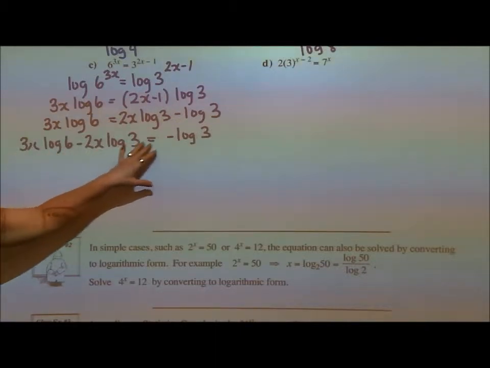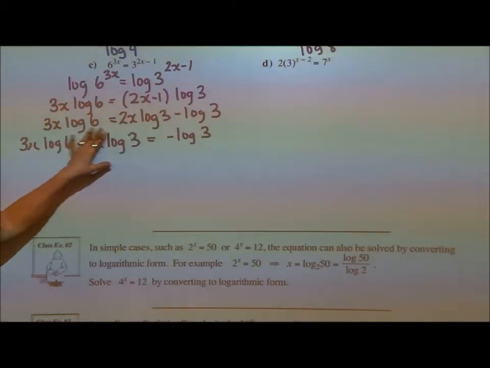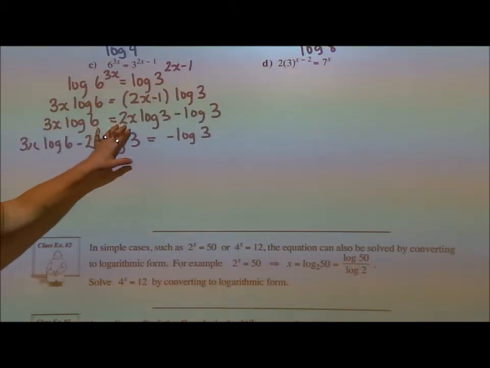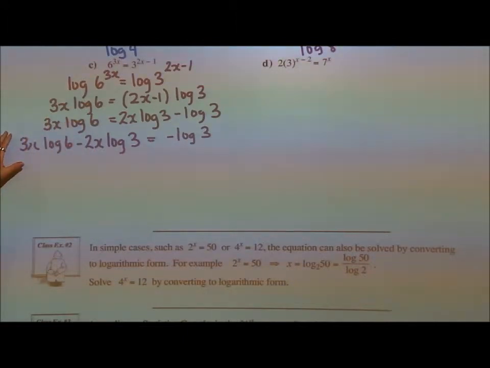So what I'm going to do in this case, what do they have in common? What's the one thing that's in both terms? The x's. It's a common factor. Factor it out and tell me what you get.